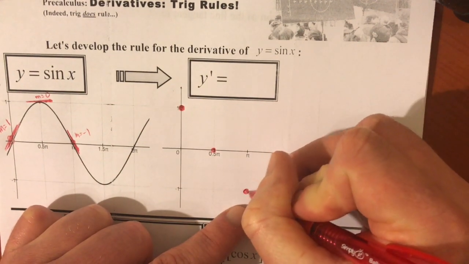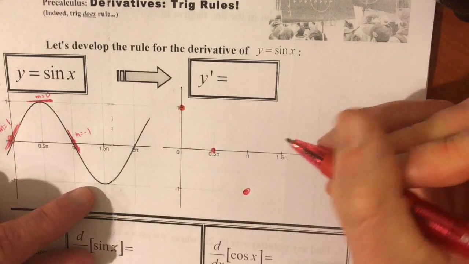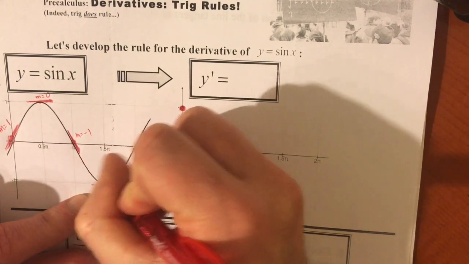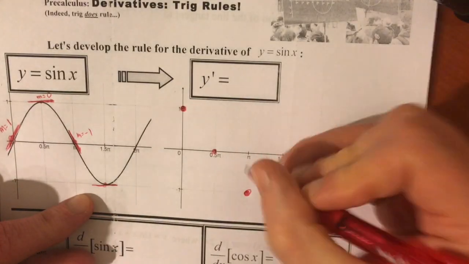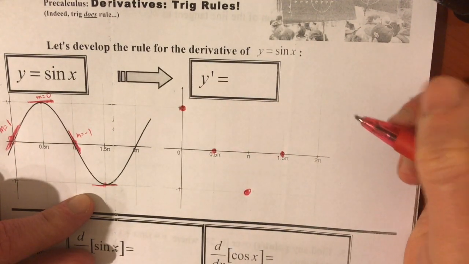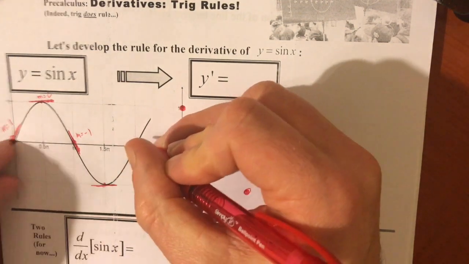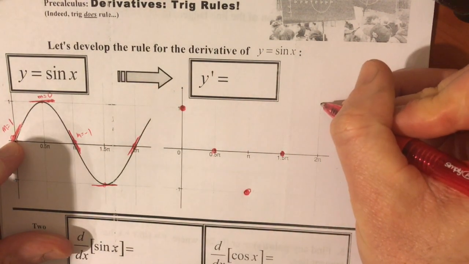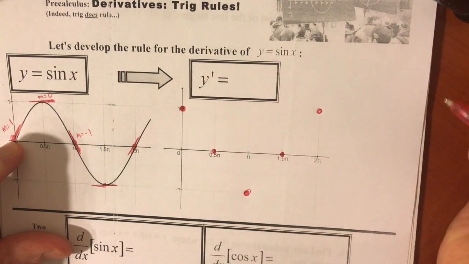So you get a point here, and you might start to see something shaping up. At 3 pi over 2, or 1.5 pi, we're at the minimum, so you get a slope of 0 again. So we're back to having a y-coordinate of 0 here. And then at 2 pi, it's the start of a new cycle. You get your slope of 1 again, so we are back to having a y-coordinate of 1.